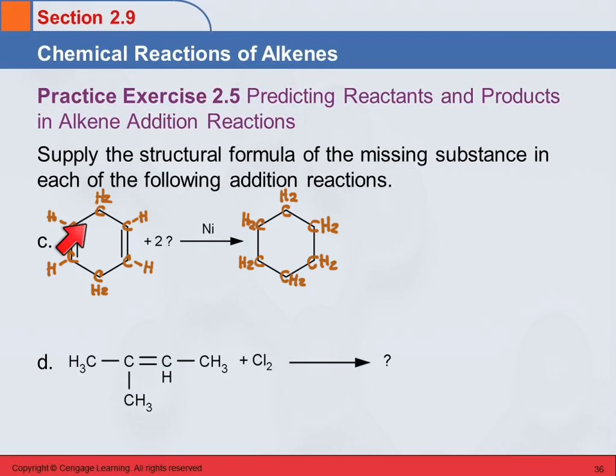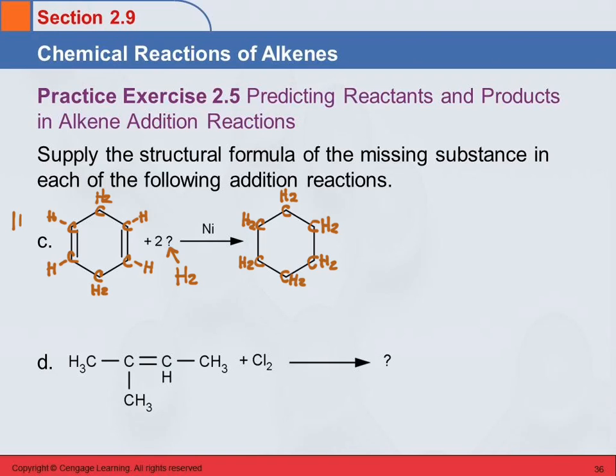So what's the difference between these two structures? What's missing in this one that is present in the product? Hydrogens. So what got added across the double bond? Hydrogen, right? H2. So here the question mark is H2.